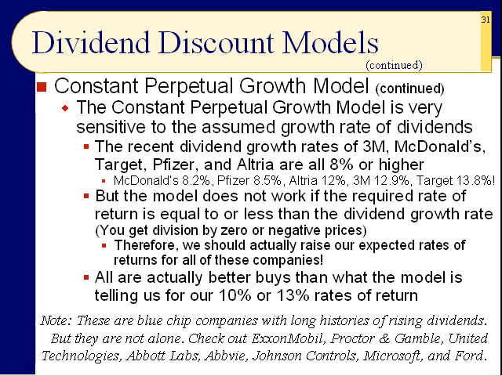Therefore, we should actually raise our expected rates of return for all of these companies. All of them are actually better buys than what the model is telling us for our 10 or 13% rates of return. Now note that these are blue chip companies with long histories of rising dividends, but they're not alone. Check out ExxonMobil, Procter & Gamble, United Technologies, Abbott Labs, AbbVie, who are they?